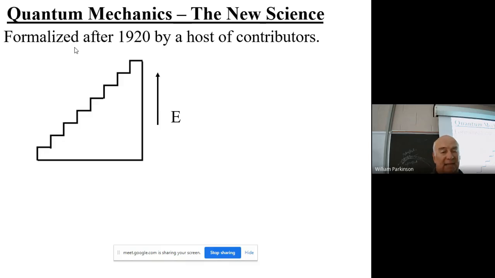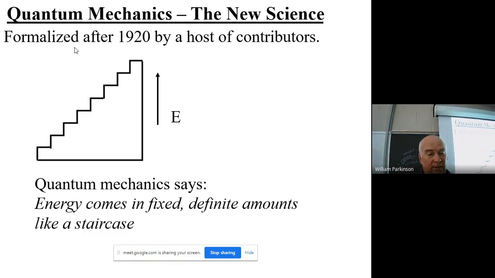Energy is more like this. It's more like a stairwell. There's individual energy levels, and not any input amount of energy can get you hopped up enough to go to the next level. There's a distinct fixed amount of energy to go from each level. So energy comes in fixed, definite amounts like a staircase.